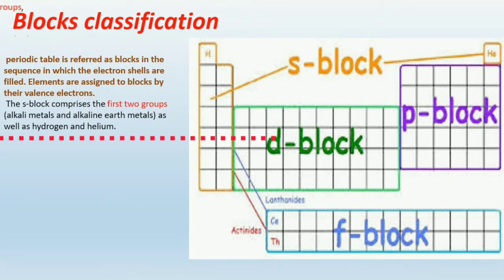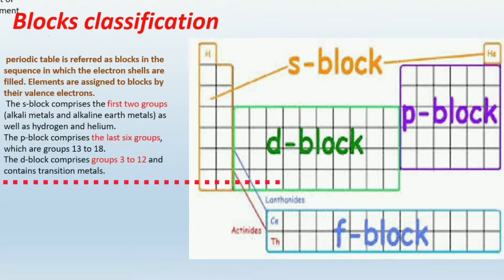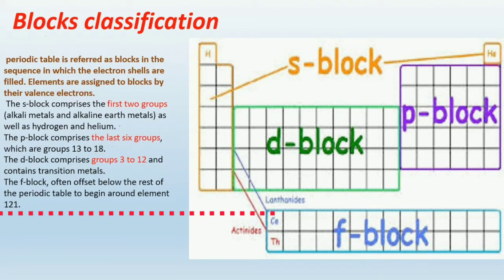The P block comprises the last 6 groups, which are groups 13 to 18, and the D block comprises groups 3 to 12 and contains the transition metals. And also the F block, often offset below the rest of the periodic table, begins around element 121.